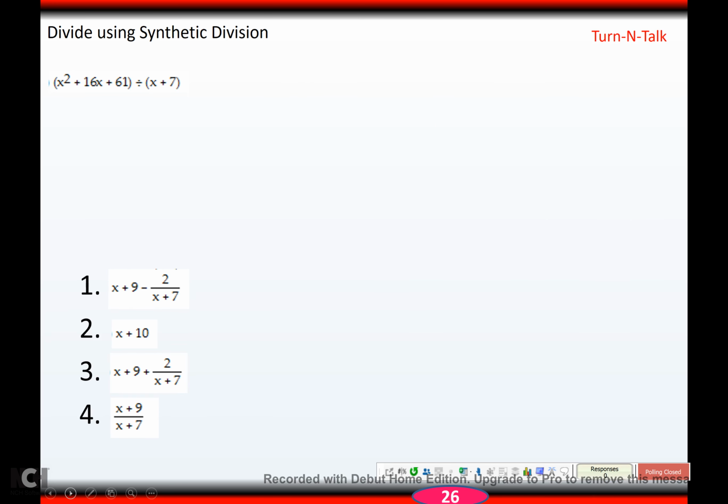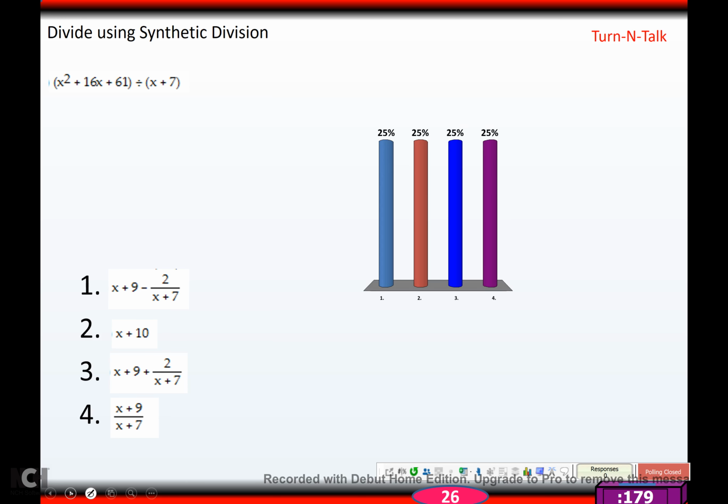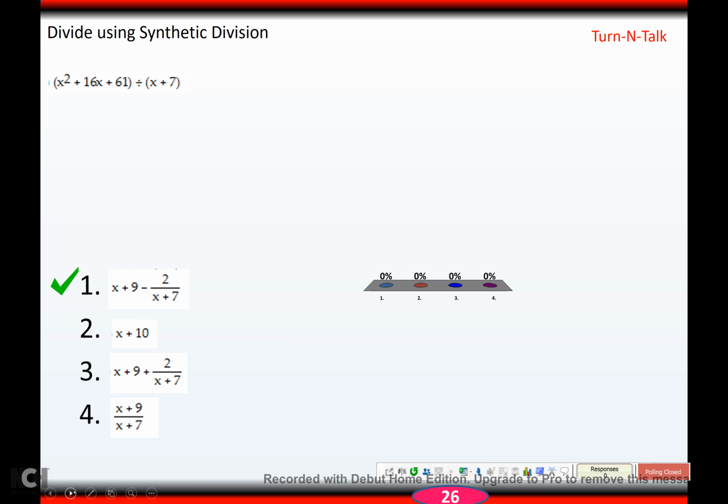Alright, this one they want you to do synthetic division. So hit pause, come back when you're ready, and hopefully you got 1. Alright, to do synthetic, you put negative 7 in the hole, your second degree coefficient, first degree coefficient, constant. 1 comes out.